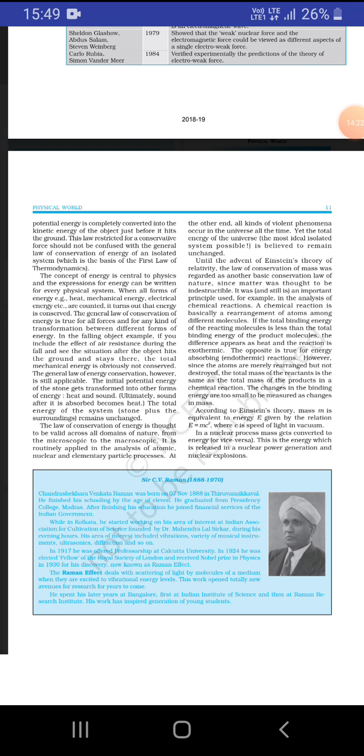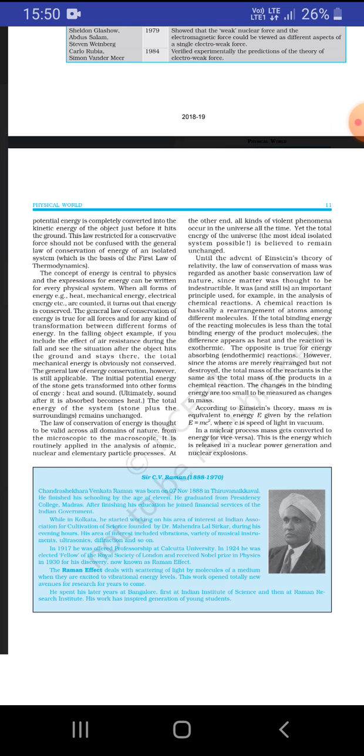And the mechanical energy is obviously not conserved. So mechanical energy we cannot conserve, but other energy like solar energy we can conserve and save it for use. They are explaining potential energy, heat, sound energy, the law of conservation of energy, and storing of energy.